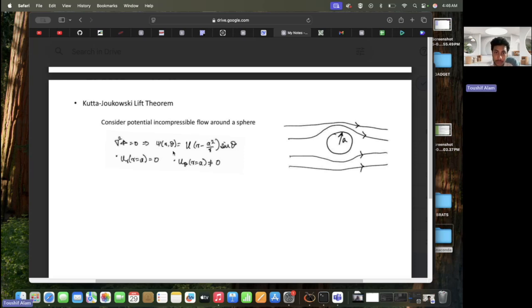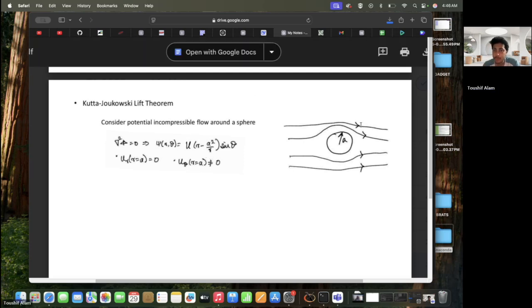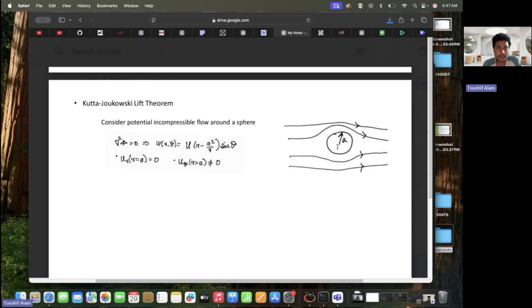So define the potential in this form. At r equal to a, u_r is r minus a square by r, so 0, and u_theta at r equal to a is non-zero. This is how the potential form of this theorem is defined.